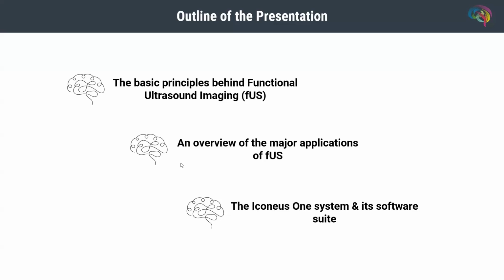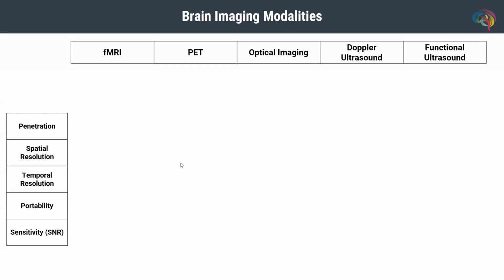So let's start from the basic principles of functional ultrasound imaging. To understand the interest of using functional ultrasound imaging for the study of the brain, I always think it's useful to briefly position it among the other imaging modalities that are available to study the brain and that are commonly used in neuroscience.